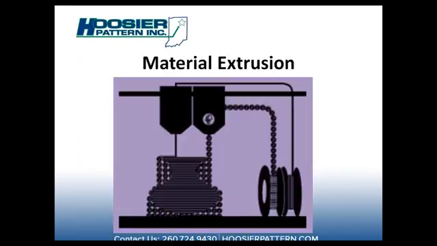The next is material extrusion. In this process, material is extruded through a nozzle. The materials are heated thermoplastic materials, similar to a hot glue gun. This process goes by the names of FDM, which is fused deposition modeling, and FFF, fused filament fabrication.